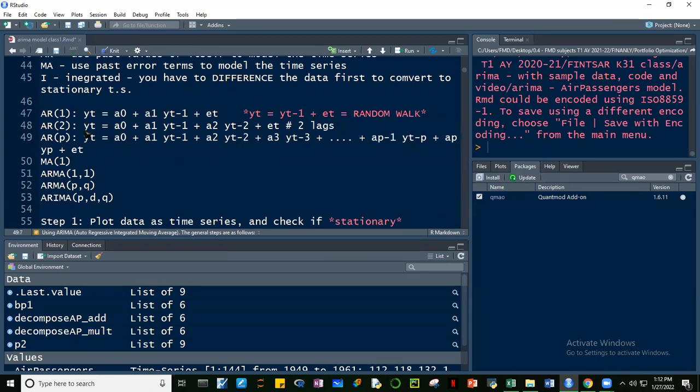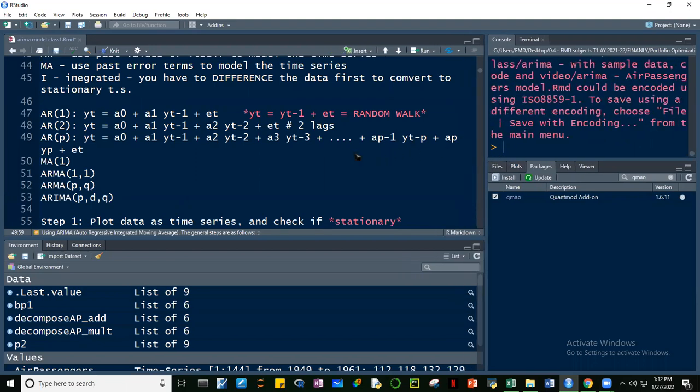Okay, so AR2 and AR order P. Pag order P naman, that is P. Sorry, medyo ninagkasya dito. A sub P, dapat may times to, no? Para hindi nakakalito.